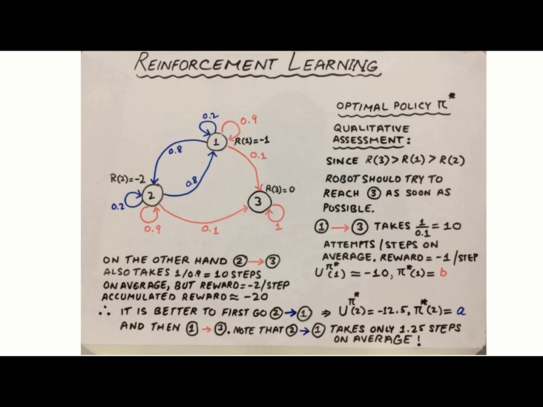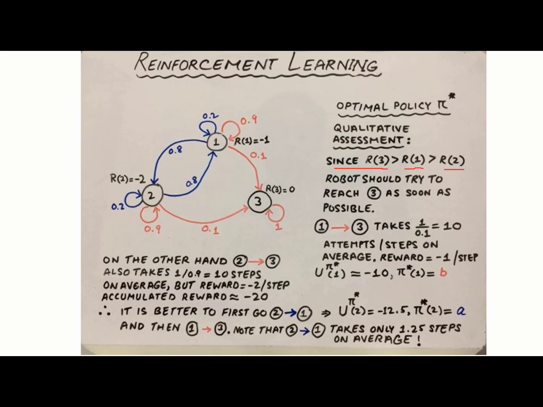So first note that the reward of state 3, the terminal state, is the highest. Then comes the reward in state 1, which was -1, and state 2 is least rewarding, with a reward of -2.